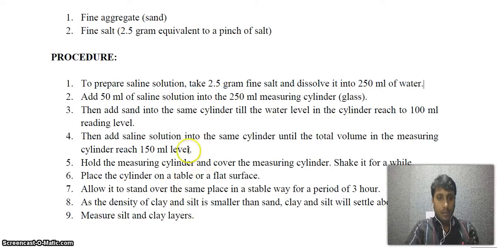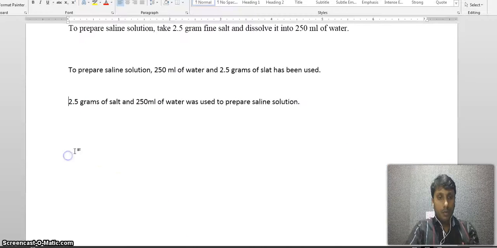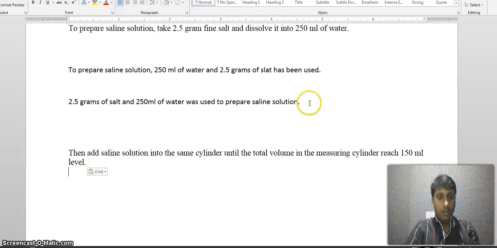See, if you want to write step 0.4 as the procedure, let's see how we can write it: then add saline solution. When it is in the manual, we are instructing you to do the procedure in the lab.